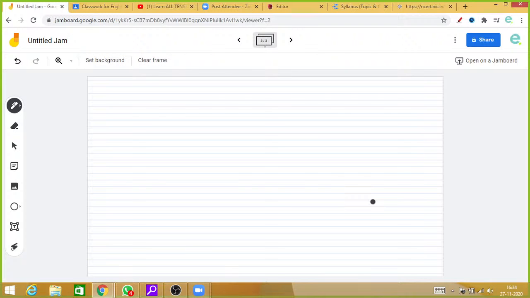Okay. Come on, make one sentence. Ganesh will make one, Vaishnavi. So let's start with Vaishnavi now. Vaishnavi, make a sentence in simple present tense. Quickly, I'm waiting. I'll write it down.